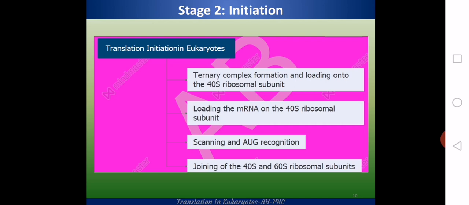Even though the concept is the same, the main difference comes in the third part, the scanning of the AUG sequence. Because in prokaryotes, translation usually occurs coupled to the transcription, but in eukaryotes it is not like that. The free mRNA is there in the cytoplasm, and it usually forms a circular structure due to the binding of the various factors involved in initiation.